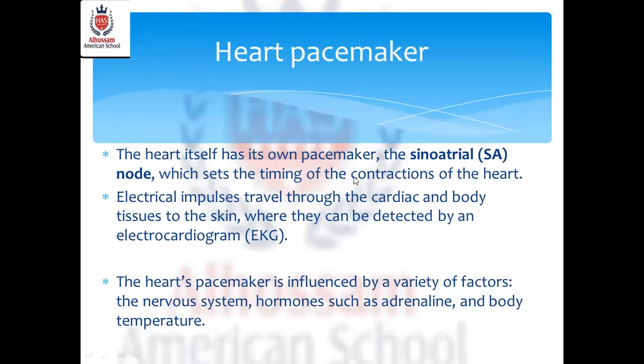It sets the timing of contraction by sending electrical impulses that travel throughout the whole cardiac muscles and tissue. These impulses can be detected by a device called an electrocardiogram. Of course, many factors can affect the pacemaker of the heart, like the nervous system, hormones, and body temperature. It may increase or decrease its function.